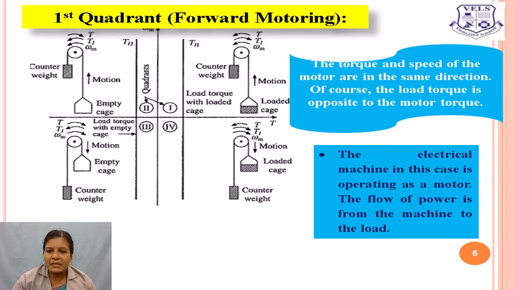So in the first quadrant, it is going to operate as a motor, which means that the power is going to flow from the machine to the load. The same machine can be made to work as a generator or a motor. It acts as a motor when the power flows from the machine to the load. It acts as a generator when the power flows from the load to the machine. So the first quadrant is acting as a motor.